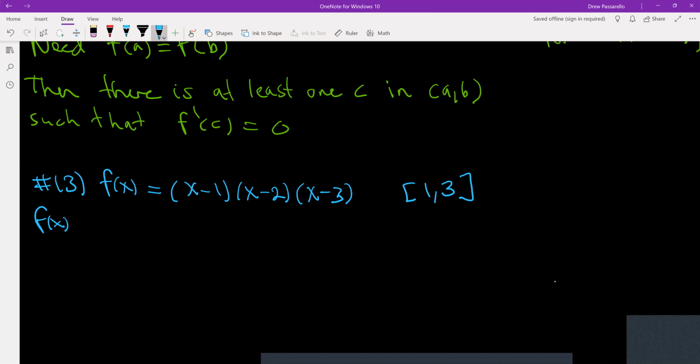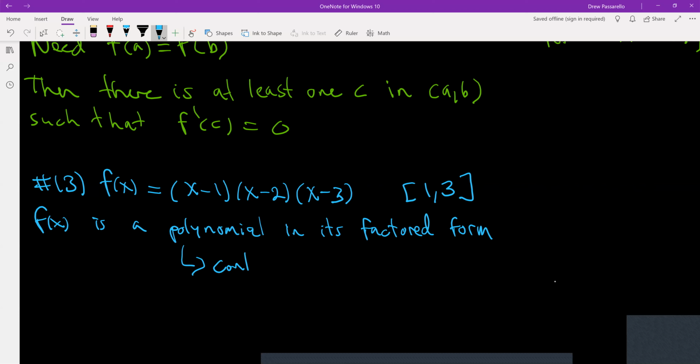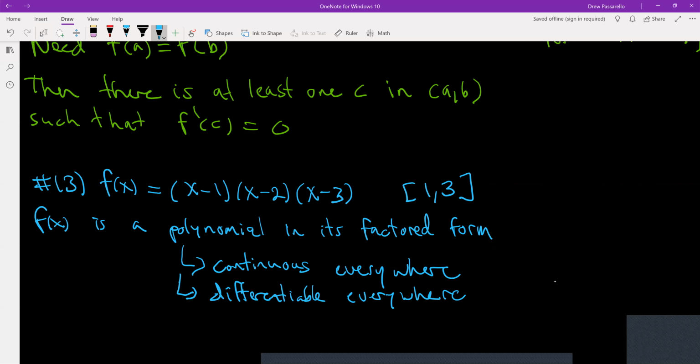So what does that mean? For a polynomial, we know it's going to be continuous everywhere and differentiable everywhere. So the two conditions hold.